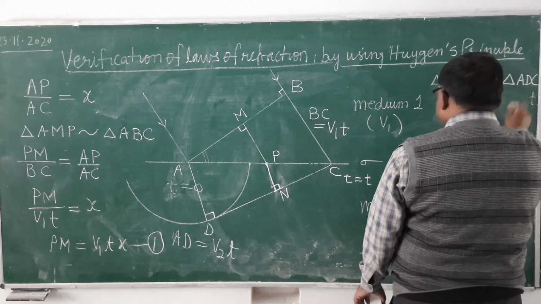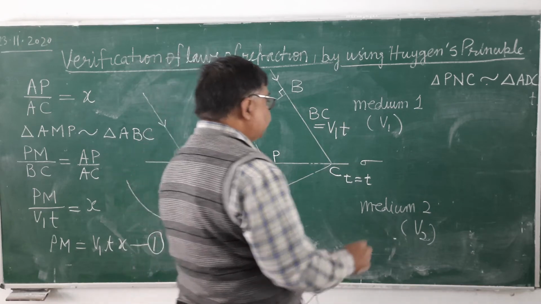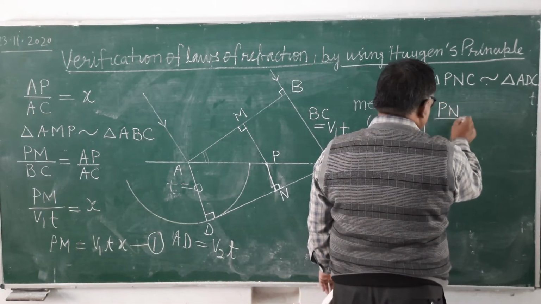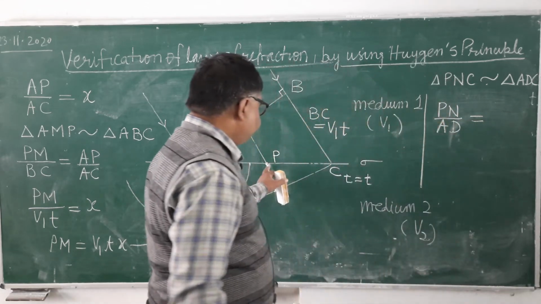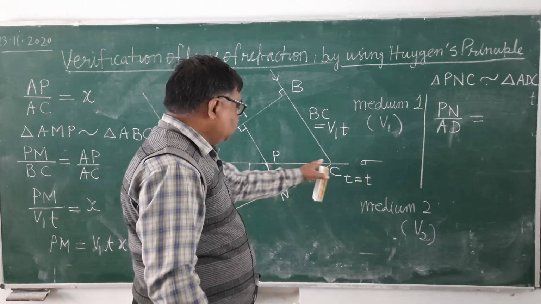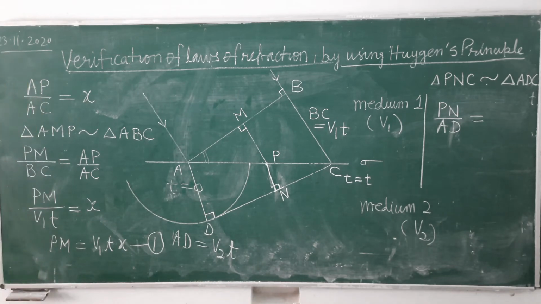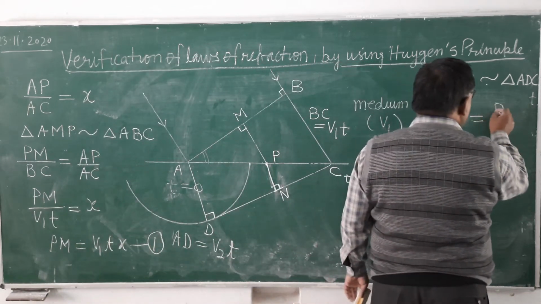And since it is similar, the ratio of corresponding sides PN upon AD is equal to PC upon AC. Is this clear? PN upon AD will be equal to PC upon AC.